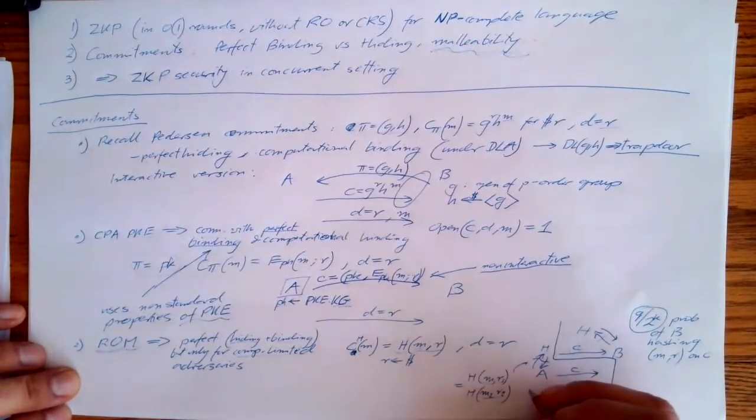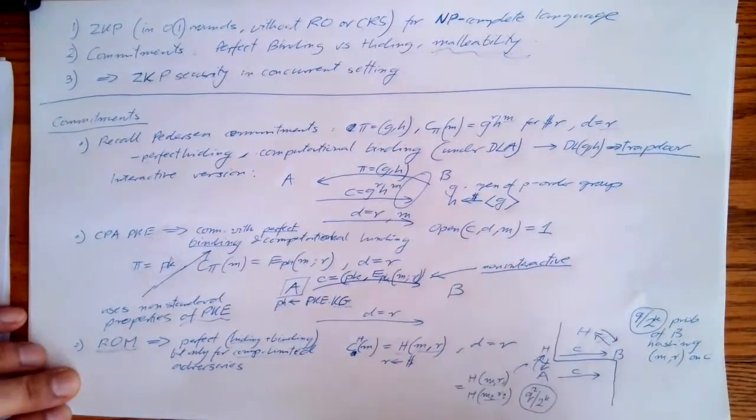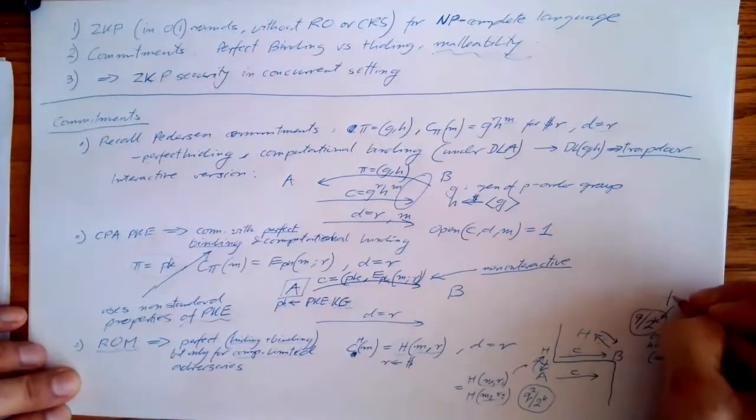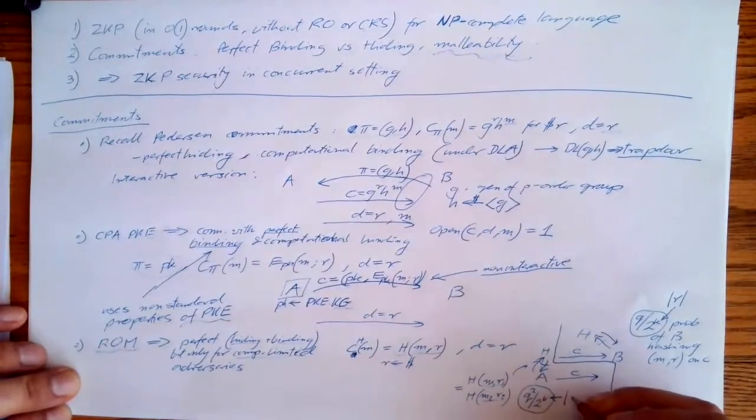But that probability is k squared over 2 to the k, because he can query, and it's a birthday bound that there is going to be a collision in the hash function. So this k was the size of the randomness, and this K is the size of the H output.